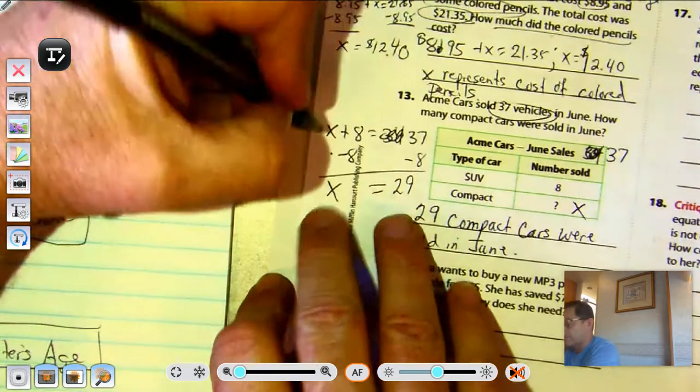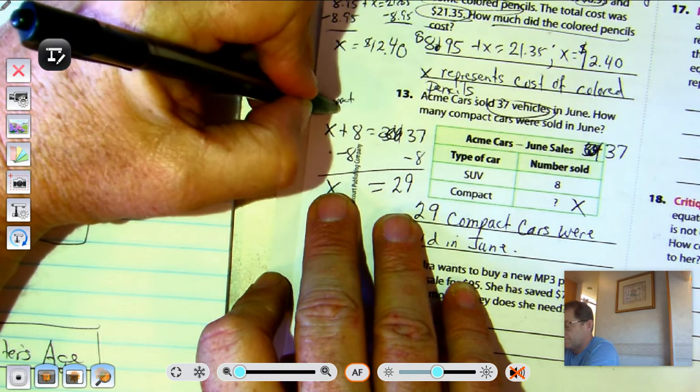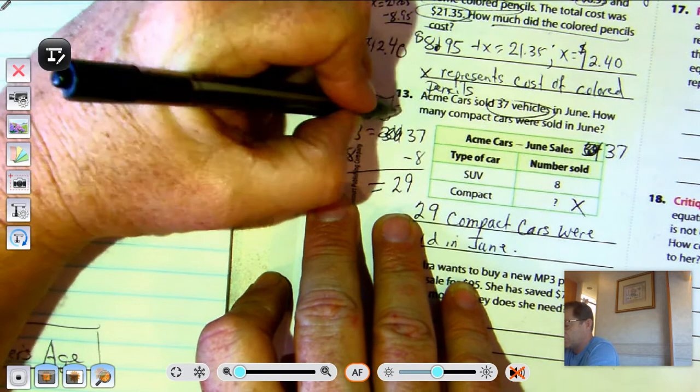If we wanted to do boxes to start this problem, we would have said compact cars plus SUV equals total cars sold.